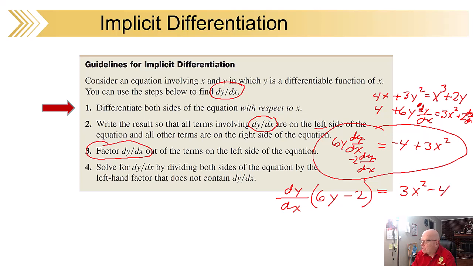Last of all, that factor that we have in back of the dy/dx, divide both sides by the 6y minus 2. So we'll end up with dy/dx equals 3x squared minus 4 on the other side, divided by the 6y minus 2. And there we go.